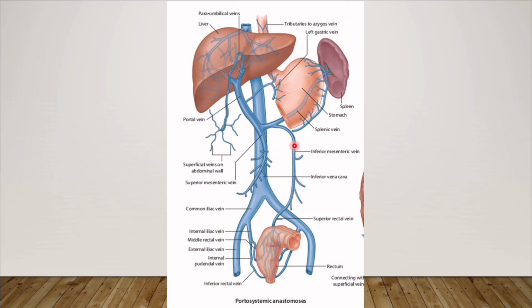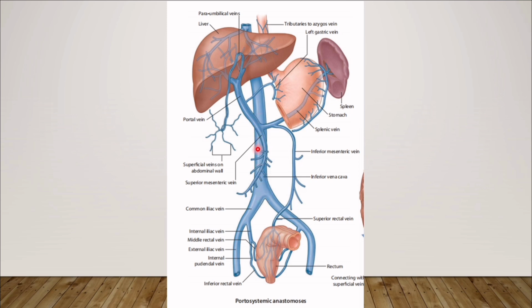So the inferior mesenteric vein goes and drains into the liver, and the middle rectal vein and inferior rectal vein eventually drain into the inferior vena cava by first draining into the internal iliac, which then combines with the external iliac to form the common iliac, and the common iliacs form the inferior vena cava.